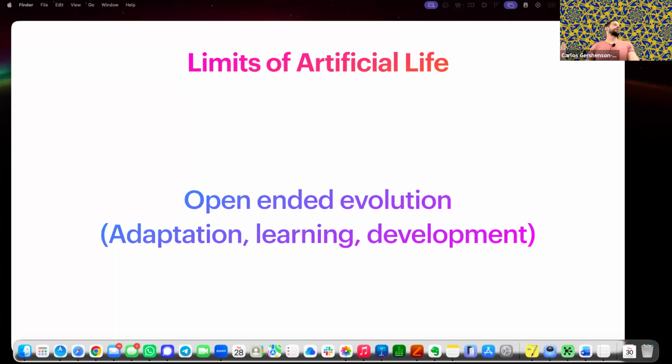But that's relatively easy because a random number generator will just produce new patterns. But then a more sophisticated type of open-ended evolution is that we have new kinds of things. So for example, at some point there were no mammals and then there were mammals. So that's a new kind of thing. So how to achieve in artificial systems this type of open-endedness? It's an open question. Some people say that it has been solved. Some people say that it hasn't been solved.